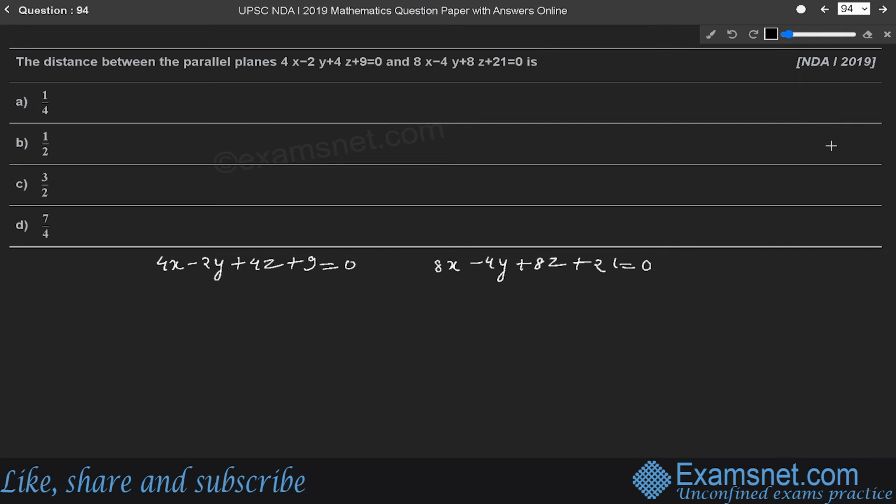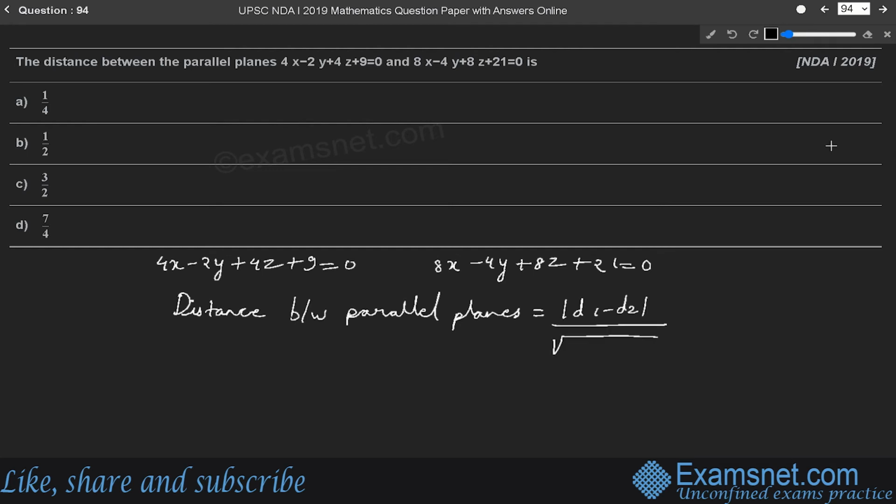Given equation of planes are here 4x minus 2y plus 4z plus 9 is equals to 0 and 8x minus 4y plus 8z plus 21 is equals to 0. Therefore, the distance between the parallel planes will be, there is a formula to find the distance between parallel planes, and the formula is modulus of d1 minus d2 upon under root of x square plus y square plus z square.